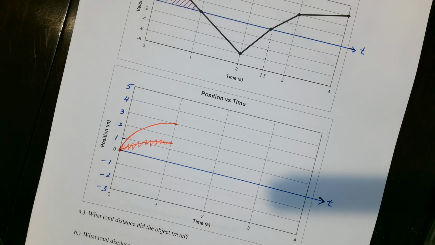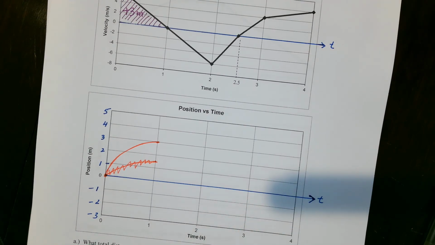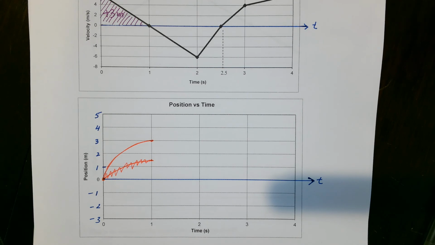What about 1 to 2 seconds? First of all, which way is it going? Backwards. It's going backwards towards the origin, right? How is it going backwards? Is it going at a constant speed? Is it slowing down?